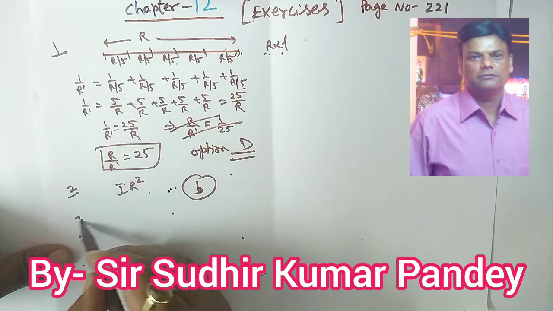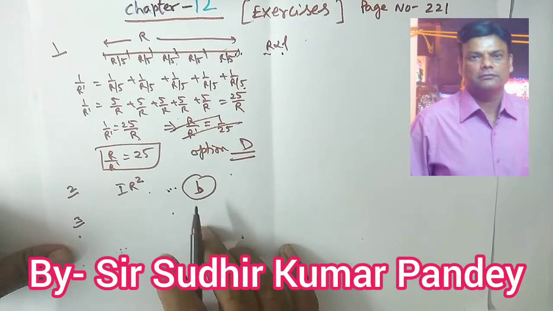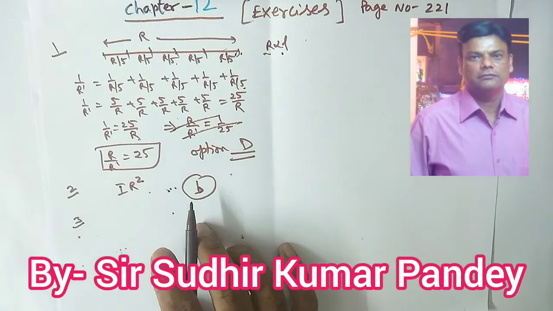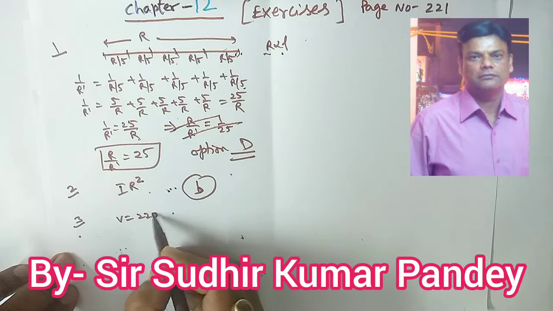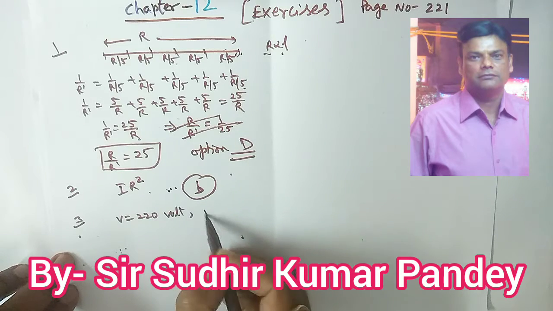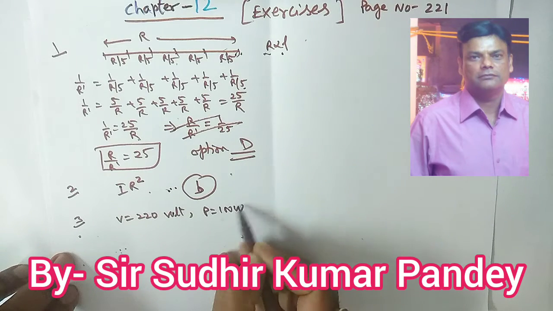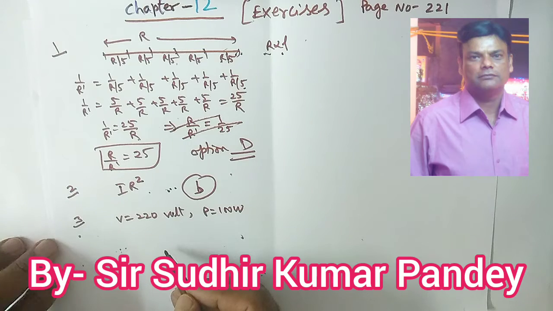Now come to the question number 3. An electric bulb is rated 220 volt, means V is equal to 220 volt and the power is given 100 watt. When it is operated at 110 volt, then the power consumed will be?